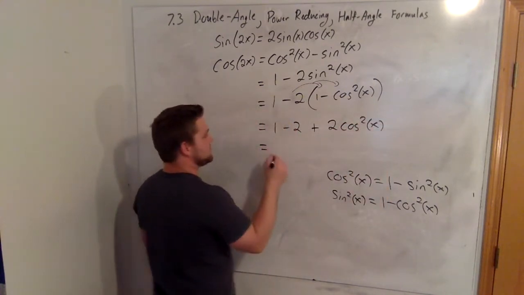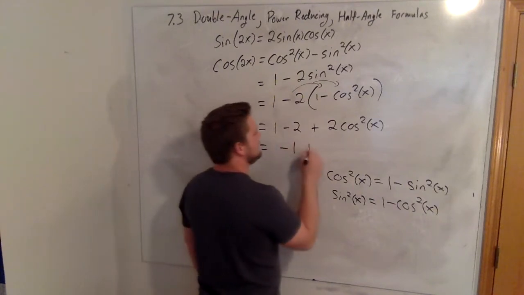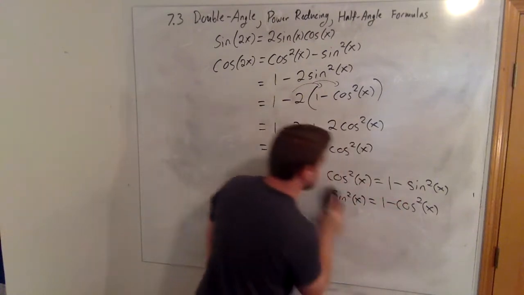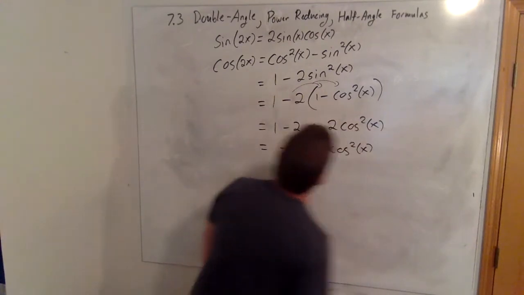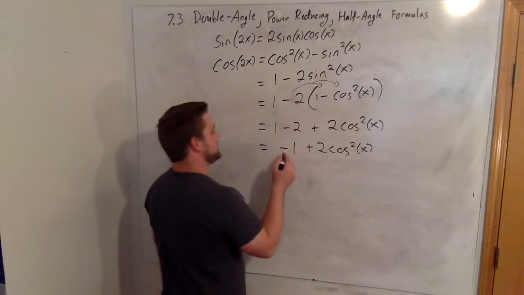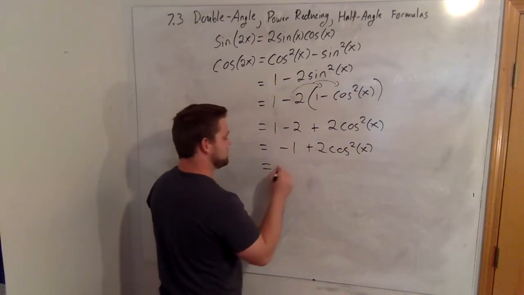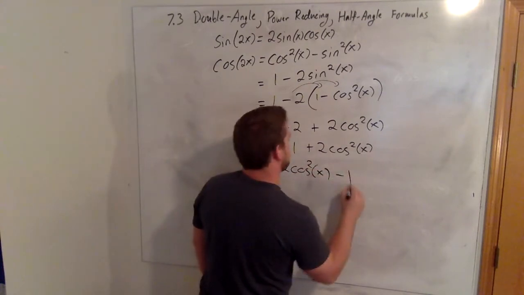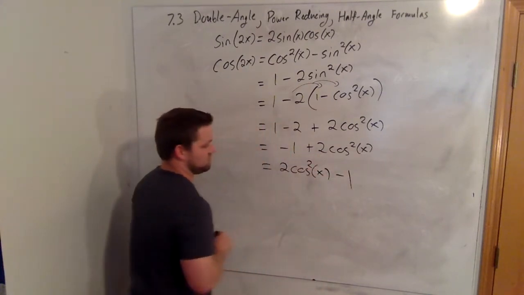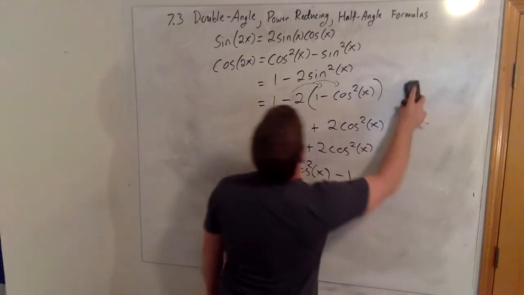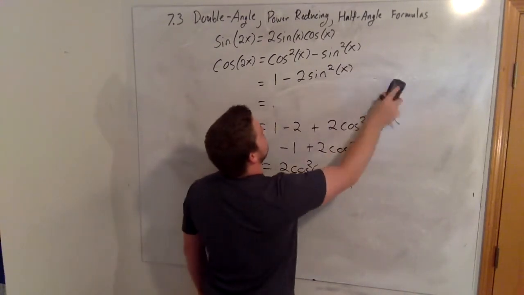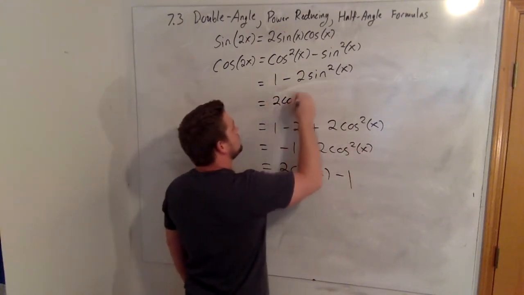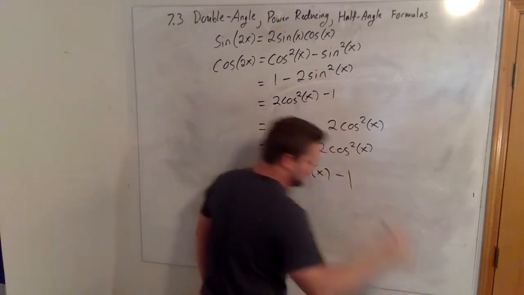That's negative 1 plus 2 cosine squared of x. I usually don't like to write a negative 1 first, so let's write this as 2 cosine squared of x minus 1. I'm really just flipping the order of addition here. So we get 2 cosine squared of x minus 1.